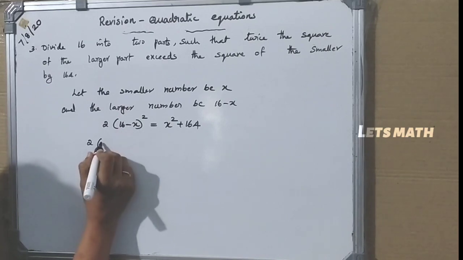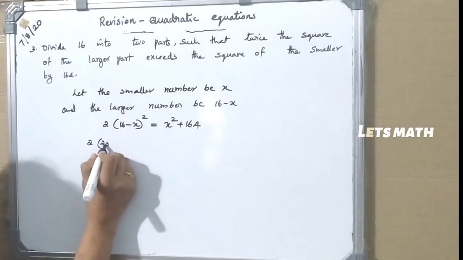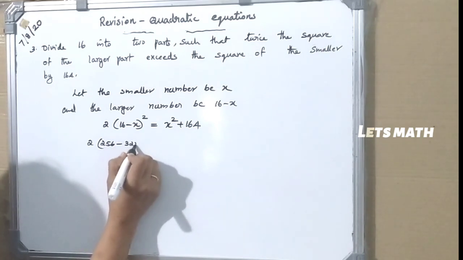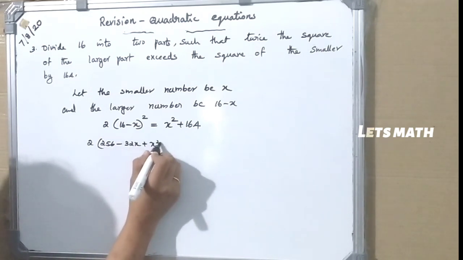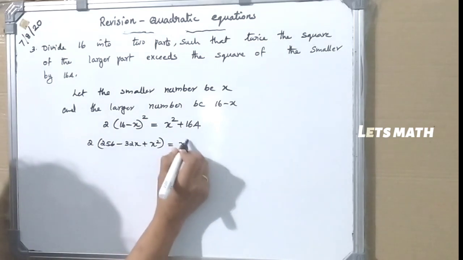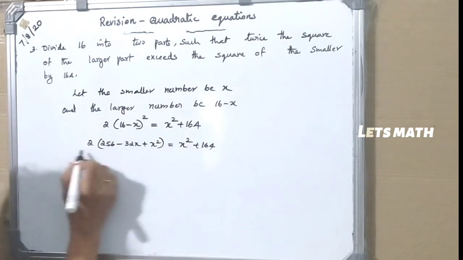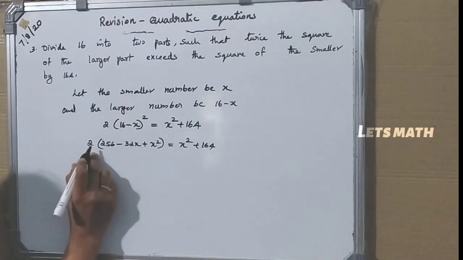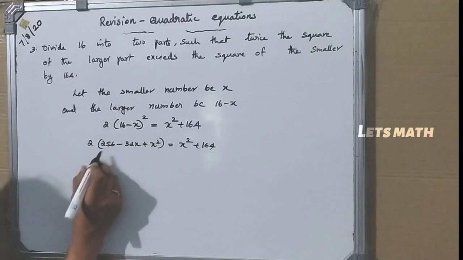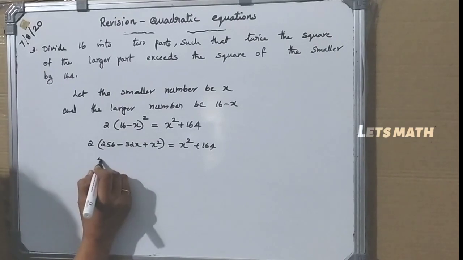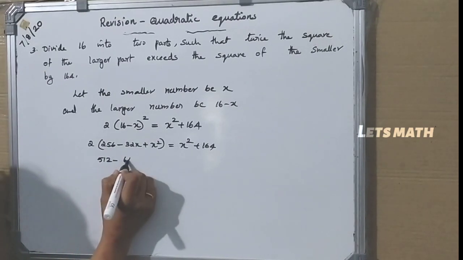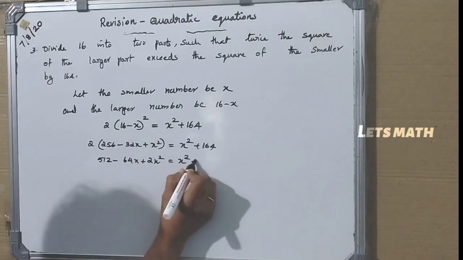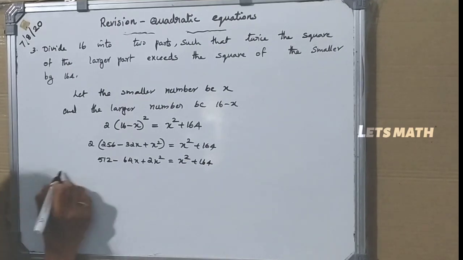Using a minus b whole square, 16 square is 256 minus 32x, that is a square minus 2ab plus b square. Now multiplying with 2, 2 into 256 is 512 minus 64x plus 2x square equals x square plus 164.